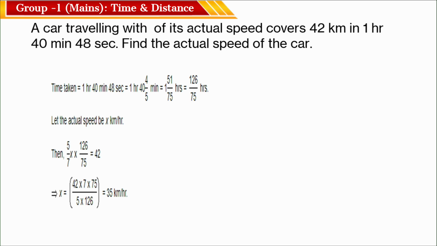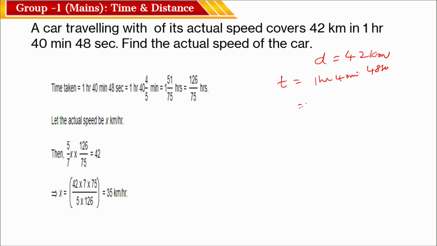So here what is the given information? D is given, 42 kilometers, correct. And T is also given, how much? 1 hour 40 minutes and 48 seconds.